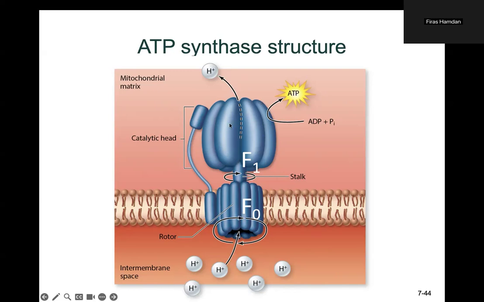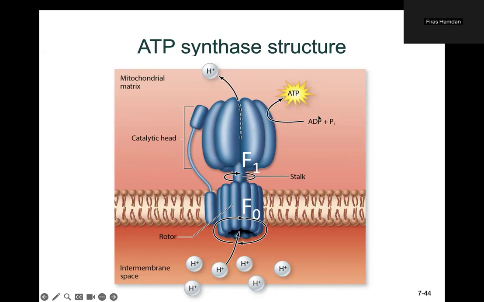Then you have the F1, which is this knob, this whole head that looks like a doorknob. This is what we call the F1, the catalytic head, because when the hydrogens are passing through, it keeps turning around, and this catalyzes the formation of ATP.